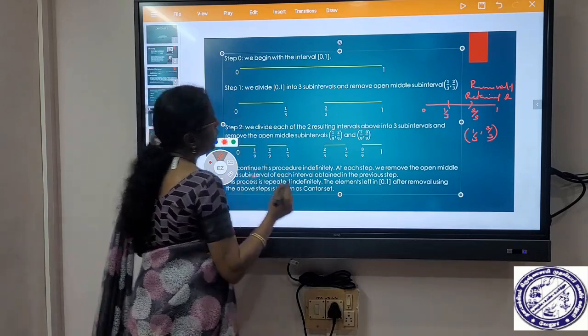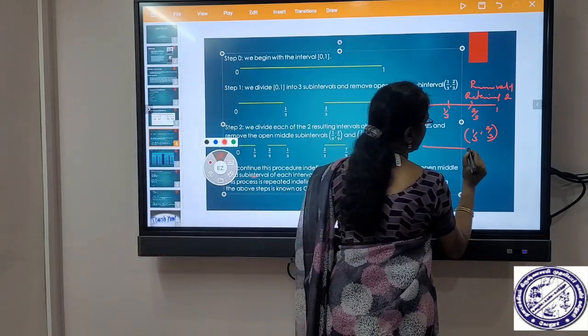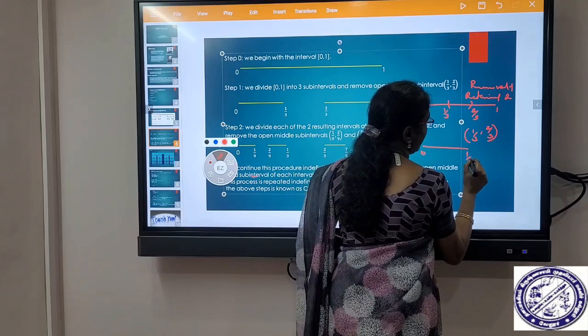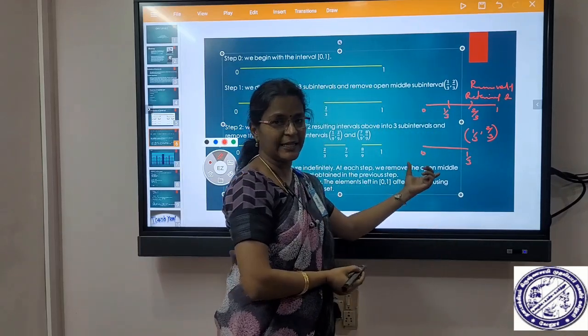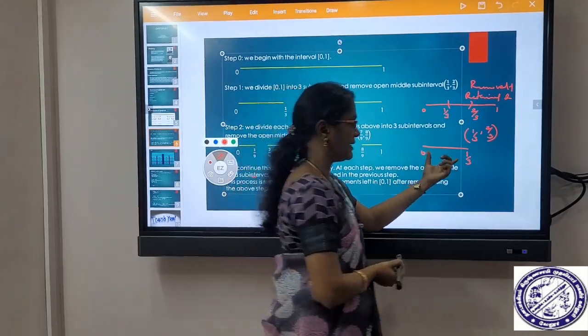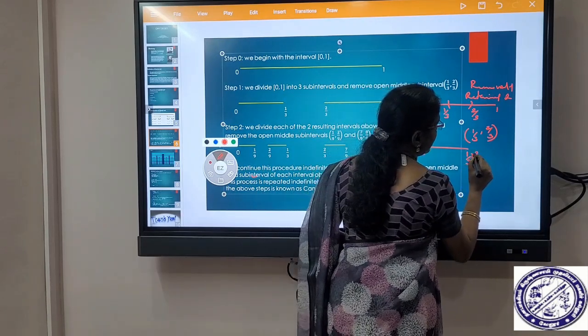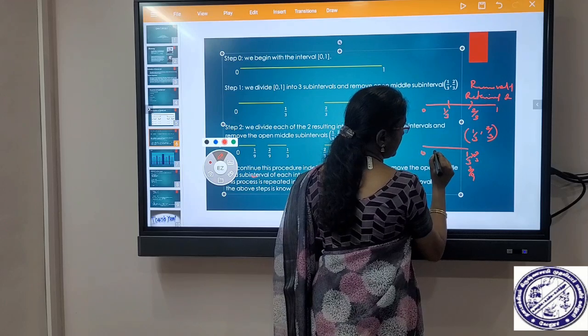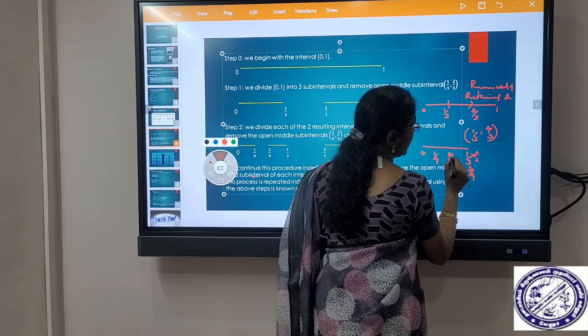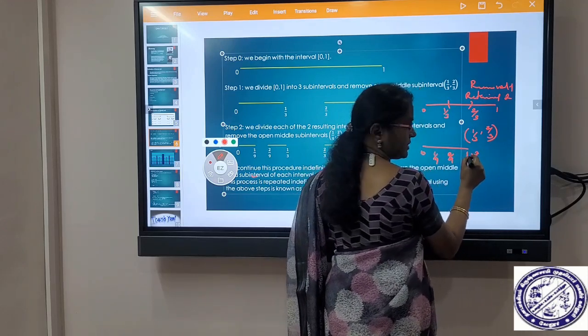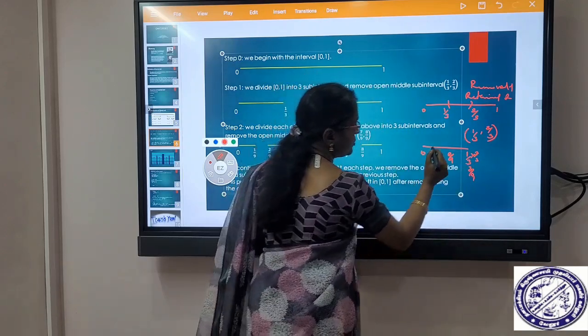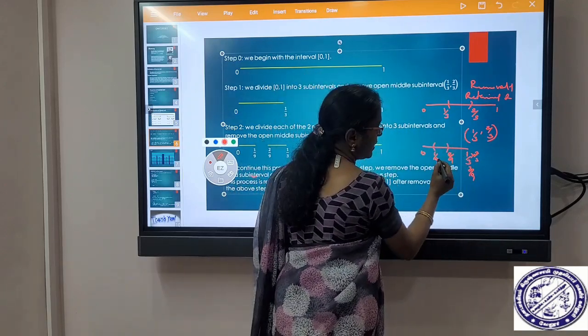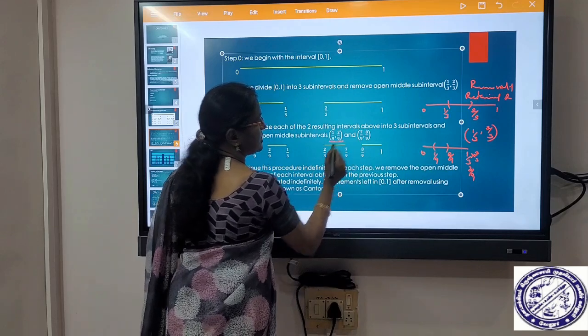We take 0 to 1 by 3. In this interval, again we divide the line segment into 3 equal intervals. We multiply by 3 and 3, so we get 3 by 9. So 0 by 9, 1 by 9, 2 by 9, and this is 3 by 9, which is equal to 1 by 3. And we remove the open interval 1 by 9 to 2 by 9, which is given here.